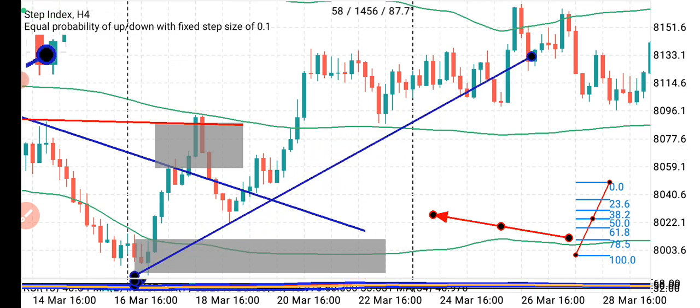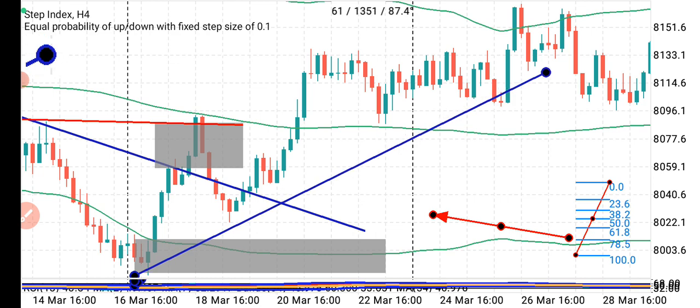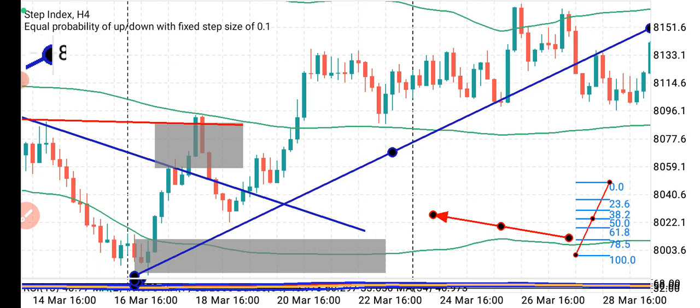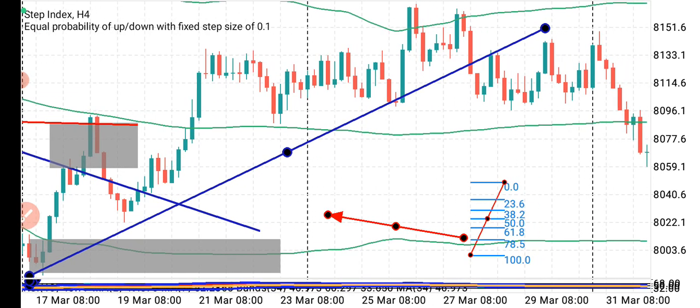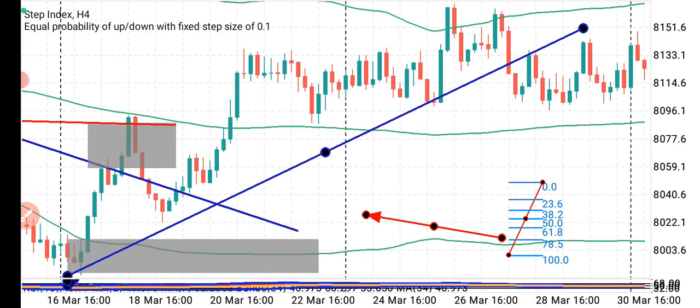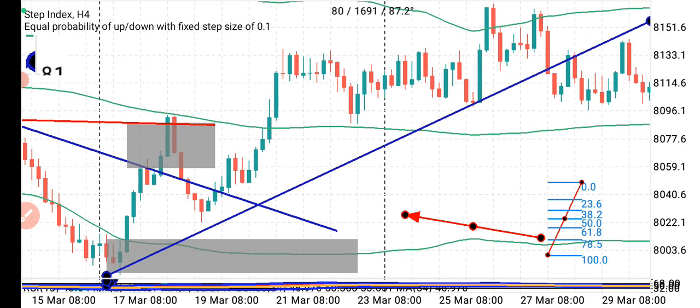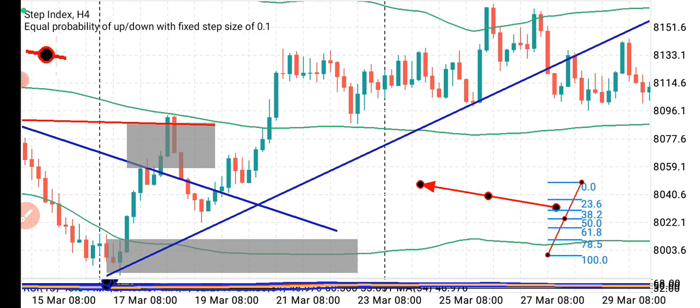Here is our new trend line. Okay, lower low, higher low, higher low, and then we are moving in an upside.